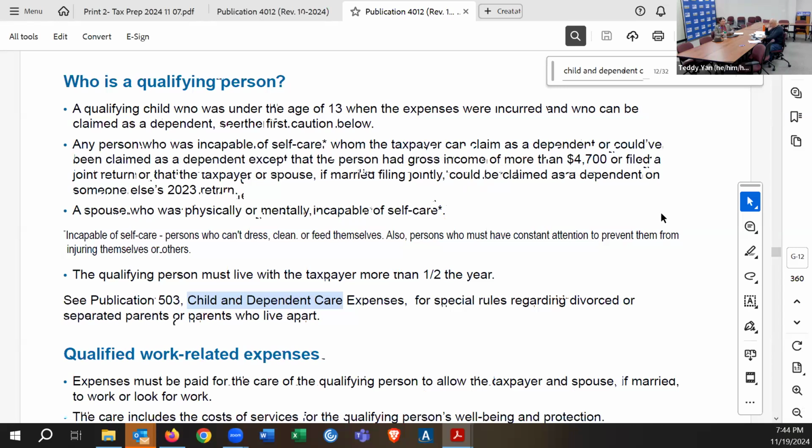In 2023, yes, because she would have turned 12 in 2022. So she would have been 13 on May 30th of 2023.